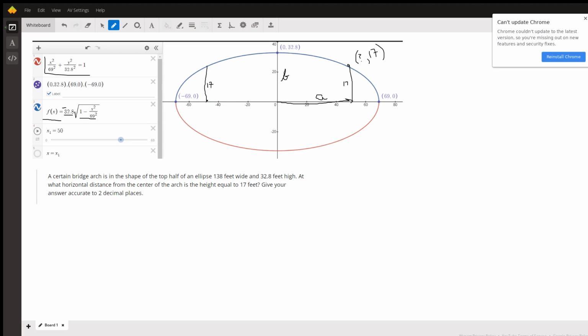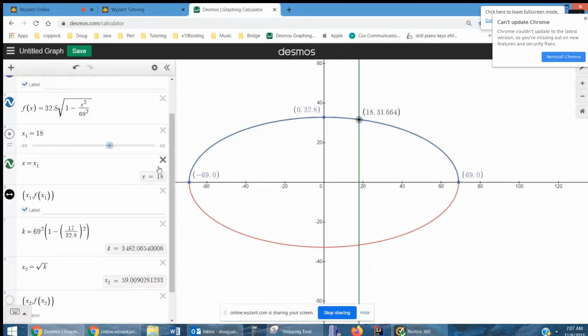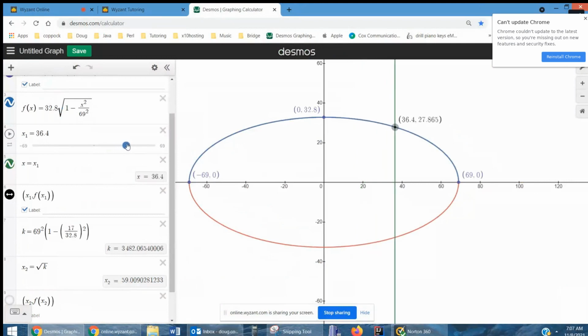So let's do some screen sharing. Go to Desmos. And here I have a slider showing exactly what's happening. So I'll pause right about there. See that when I've moved 59 feet from the center of the bridge, I'm about at 17.007. The question is, what do I have to do to find out what that x value is?